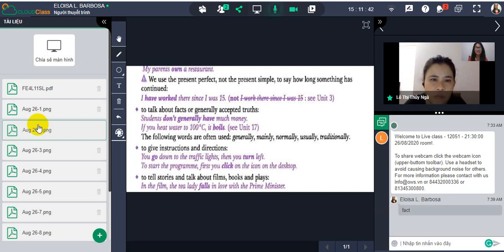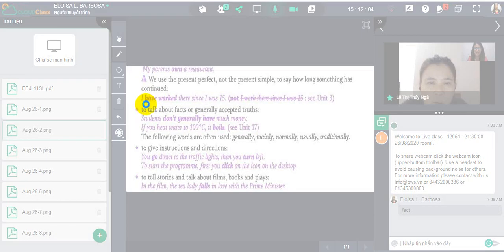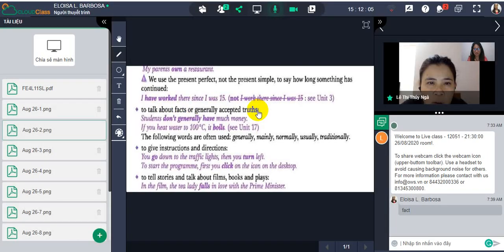Okay, so is that present tense? Is that still a present tense? Yes, I have worked there since I was 15. Is this one still in a present tense?